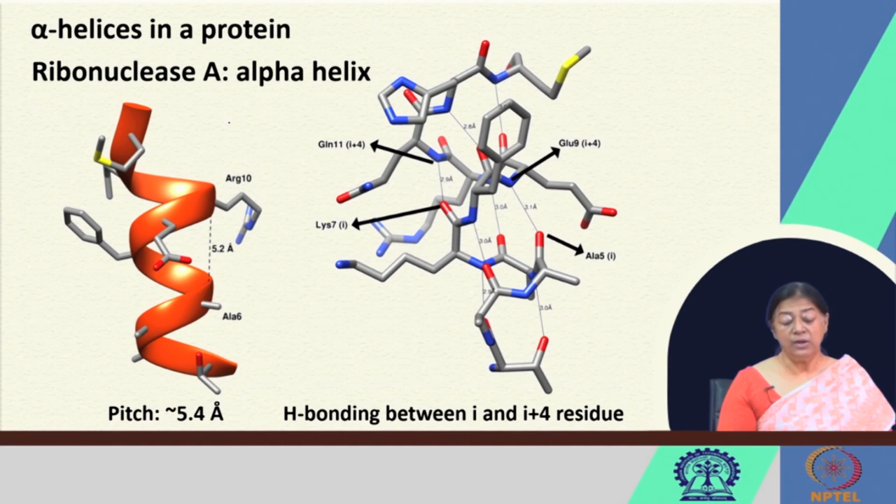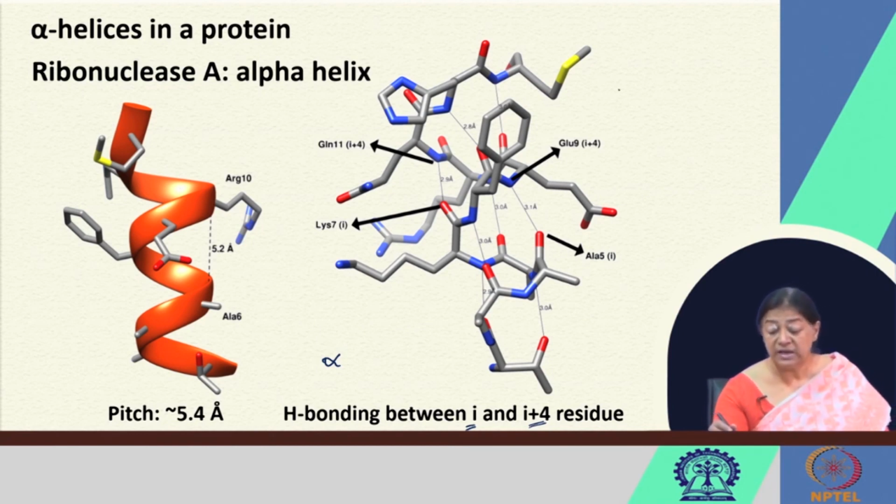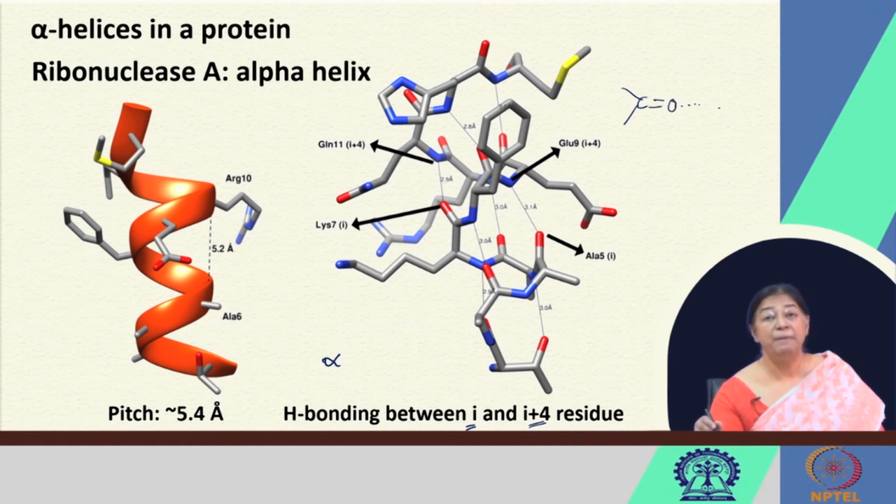When we look at the hydrogen bonding patterns of these helices, the common pattern in the one we usually refer to as the alpha helix is hydrogen bonding between i and i plus 4. We are looking at hydrogen bonding between the peptide backbone residues.